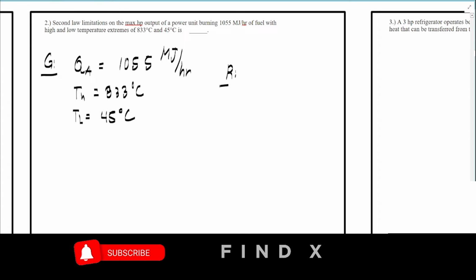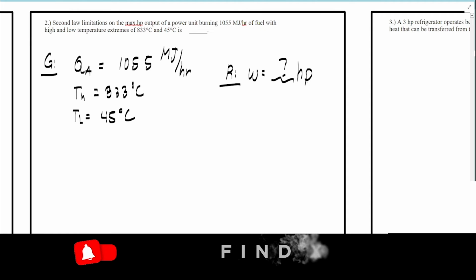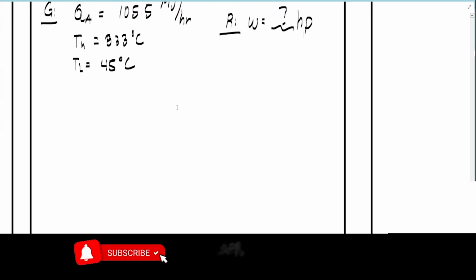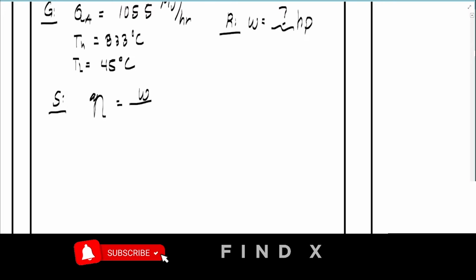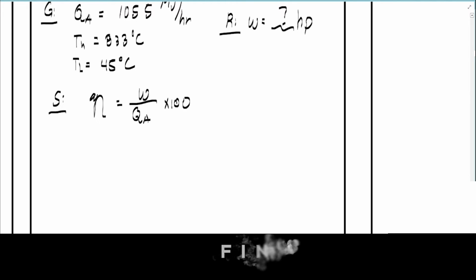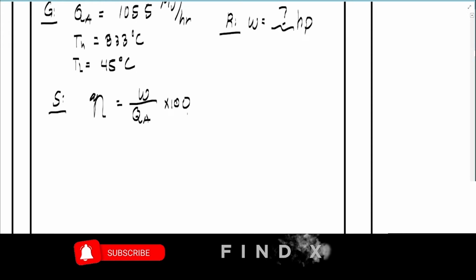Okay, so what can we do here? We are required to find, actually this is work, okay? So we're looking for work. However, the final unit should be in HP. So what is the solution for this one? For the solution, you can use the formulas. The formula for thermal efficiency is equal to work over QA times 100, right? However, we have another formula for this one.